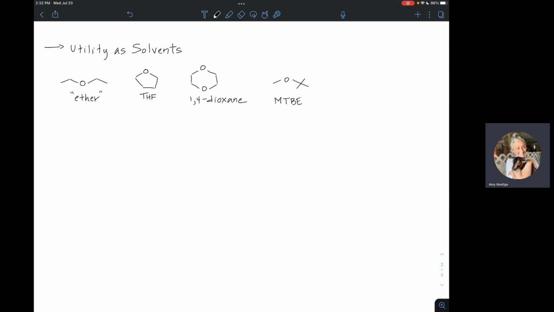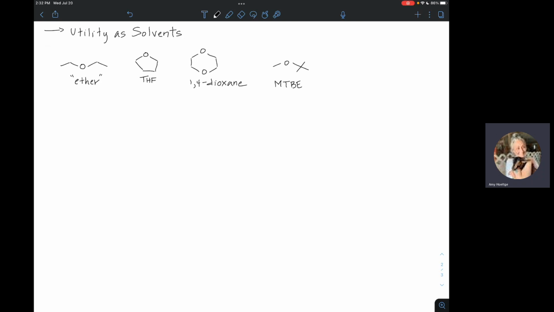There is a reaction, sorry for the sirens coming here, that is sort of a named reaction that uses ethers very strategically as a solvent. It's called a Grignard reaction.